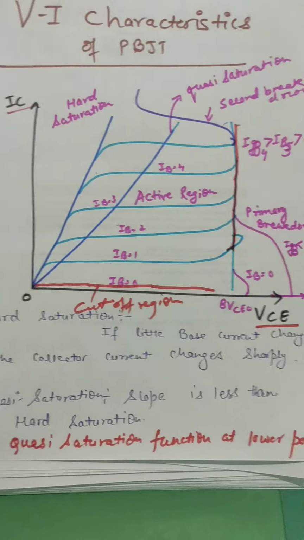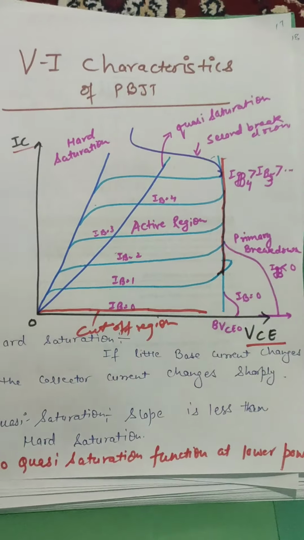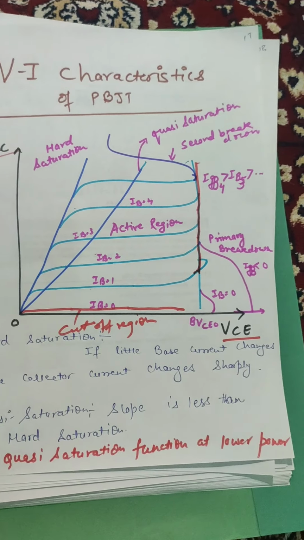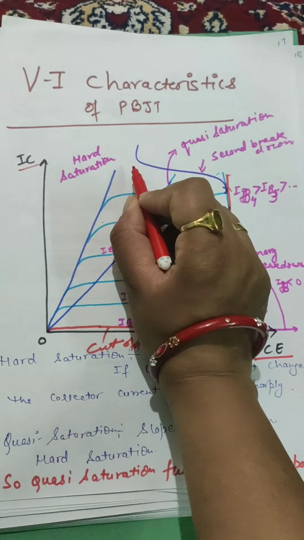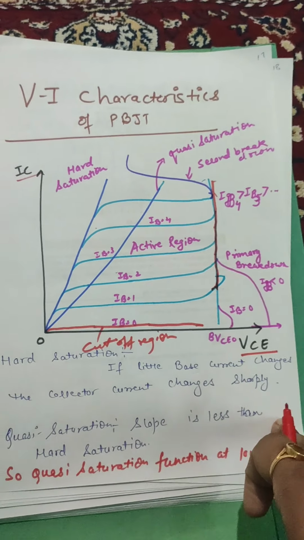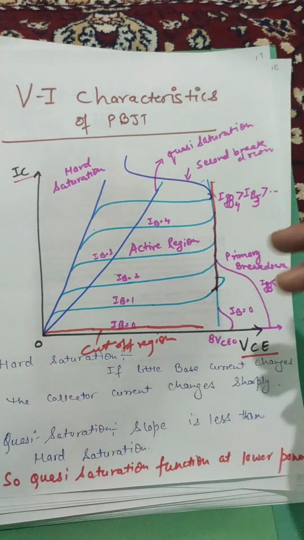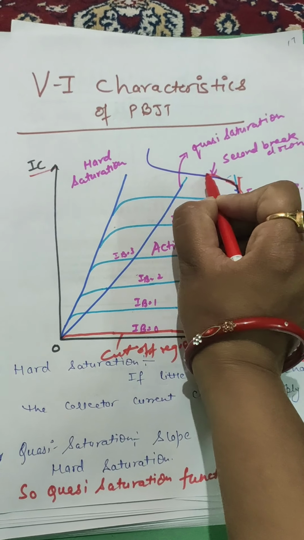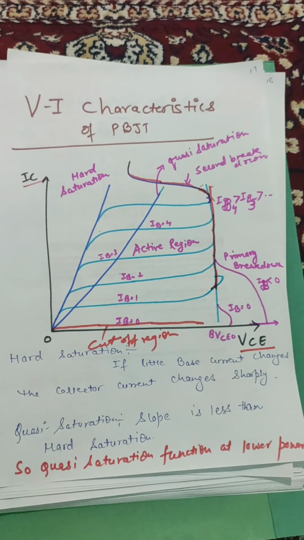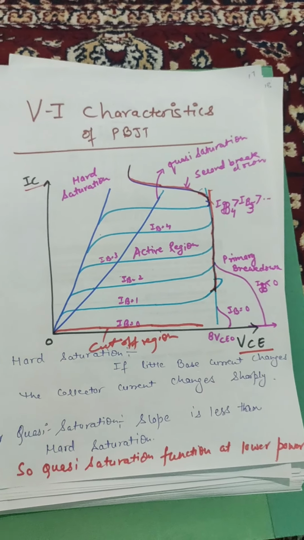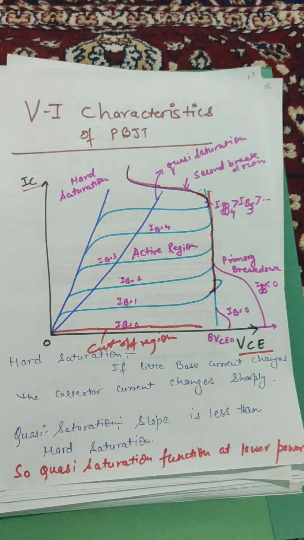That is called primary breakdown. If we increase the voltage and current between collector and emitter further, then we get the secondary breakdown. So this is the VI characteristics of power BJT.